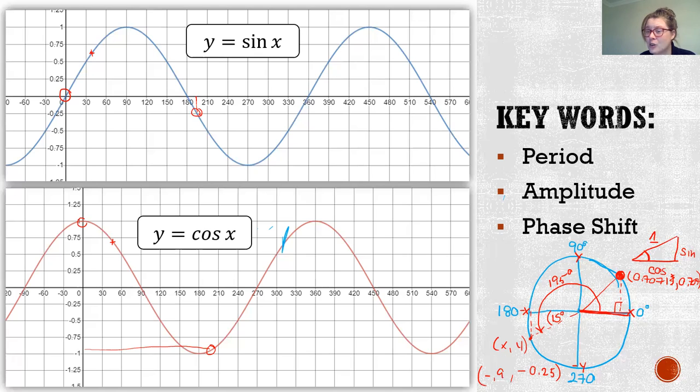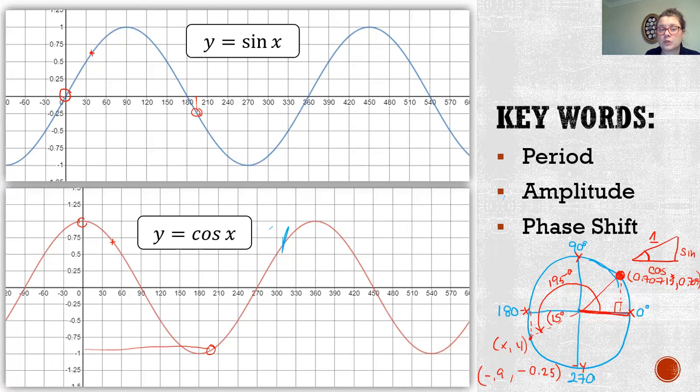Now, there are a few keywords that you need to know. And I probably should have done the keywords first here, but it didn't really matter which order. So the keywords that we need to know that you'll find is every one of these graphs has a period. Now, these circle ones have a period of 360 degrees because the values keep changing. And then I get around to 0 and I can still keep going.